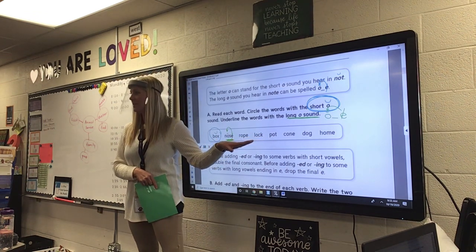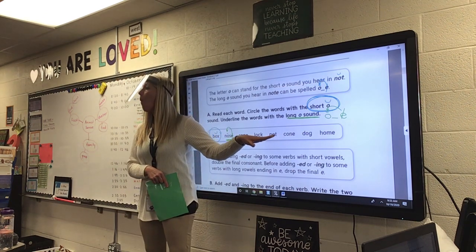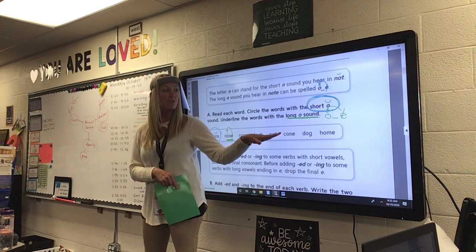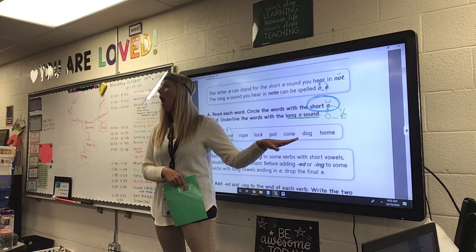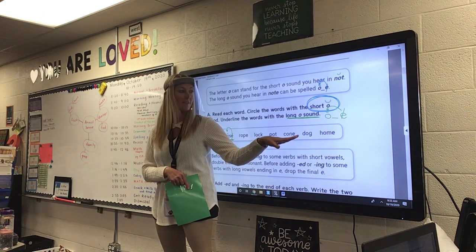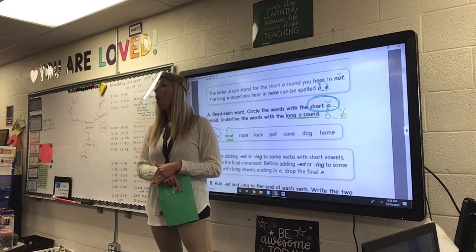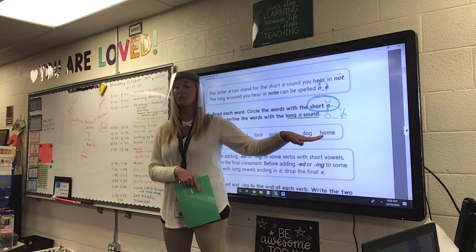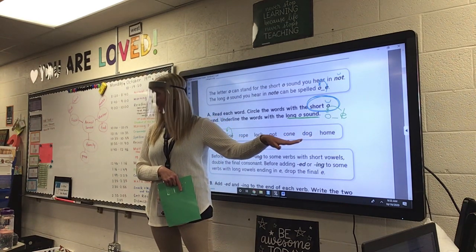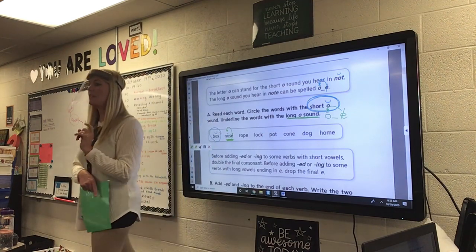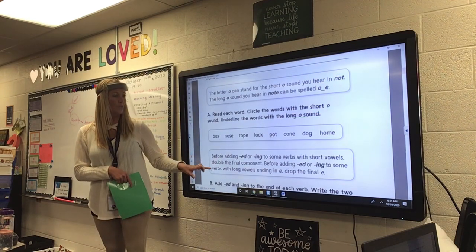Circle if it's short, underline if it's long. The next one is cone. Circle if it's short, underline if it's long. The next one is dog. Circle if it's short, underline if it's long. And the last one is home. Circle if it's short, underline if it's long. Okay, now I will correct those, and I'll see how well you did on your short and long O's.